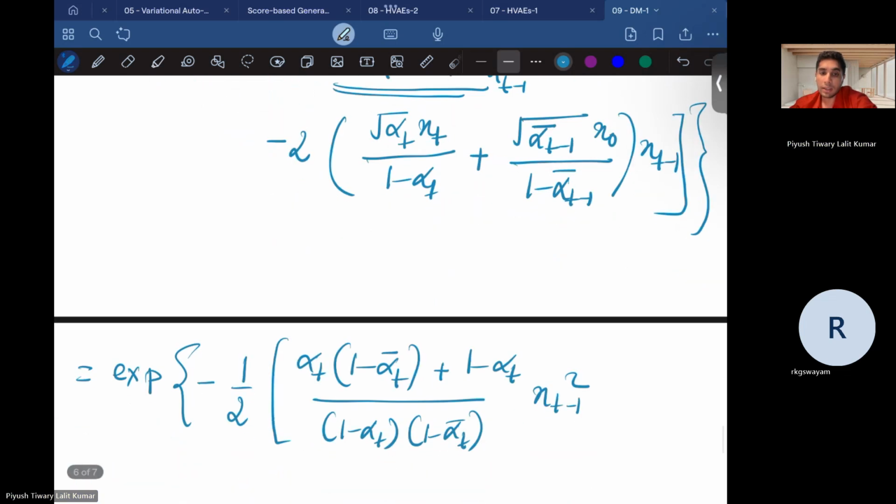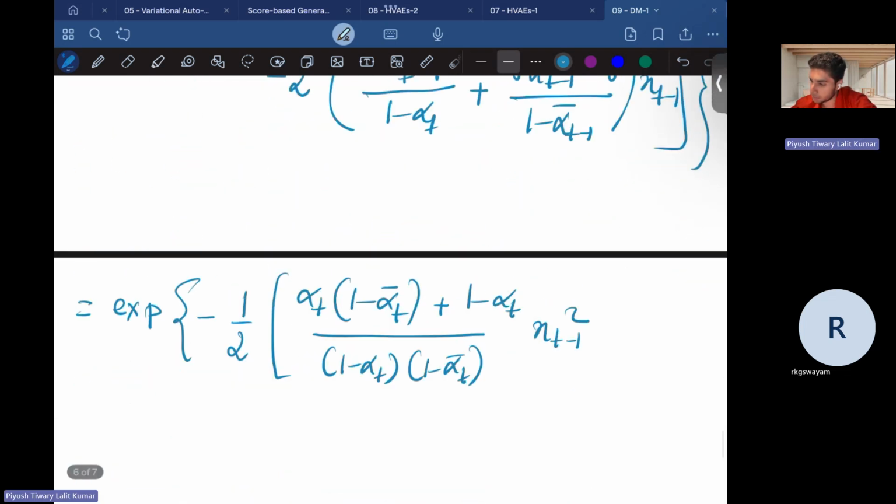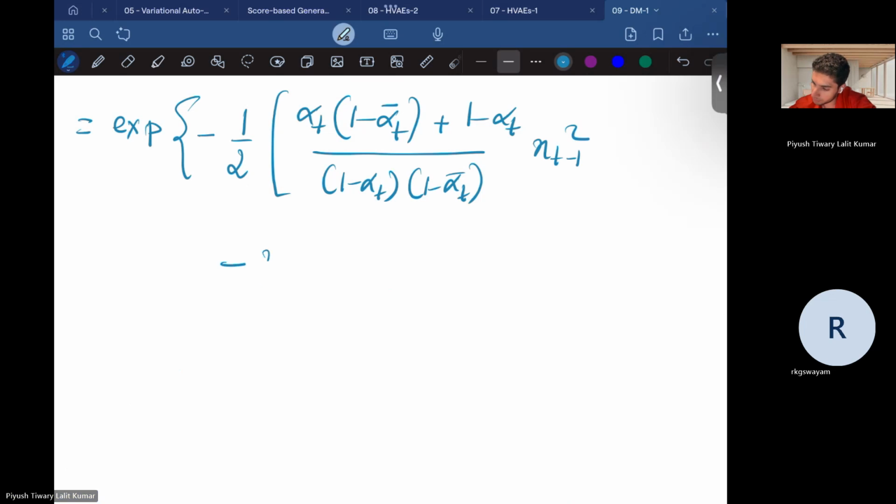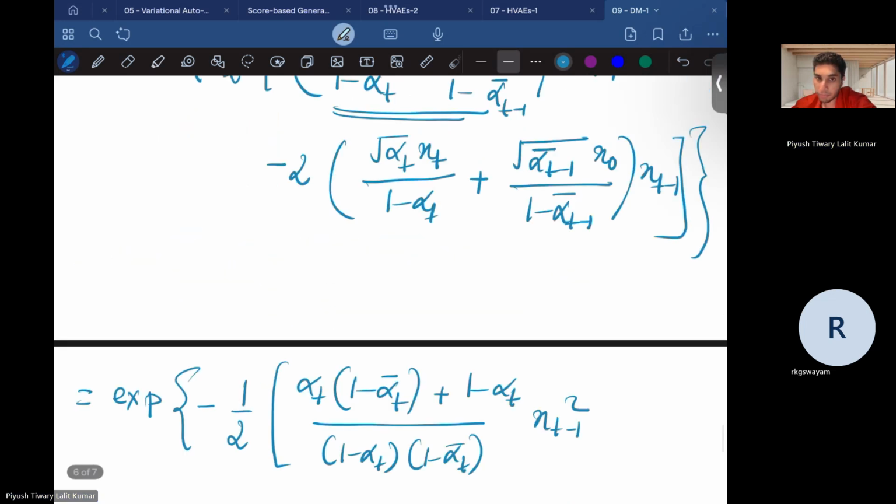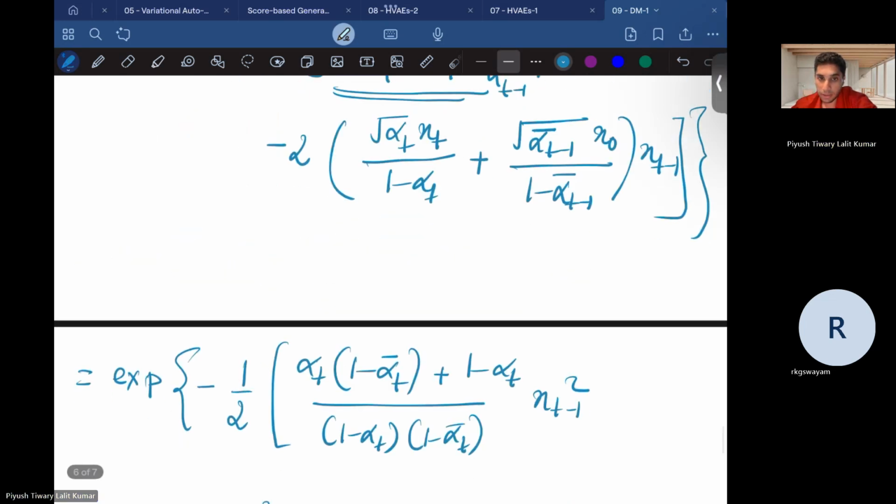Minus 2 times, should we do anything here?